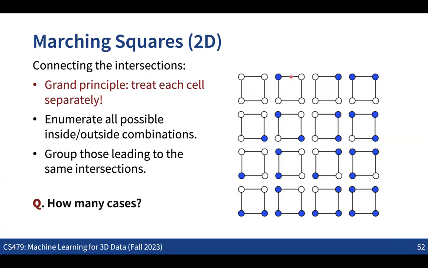So if we see how we can connect the intersection points in this case, then we can also see how to make the edges for the rotated cases as well, right? So these are the same cases with some rotations.